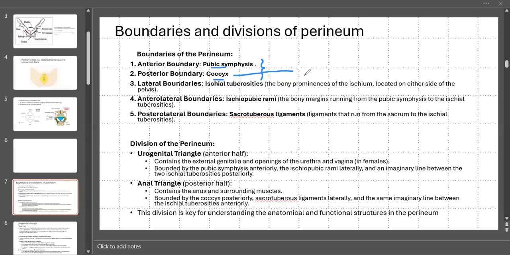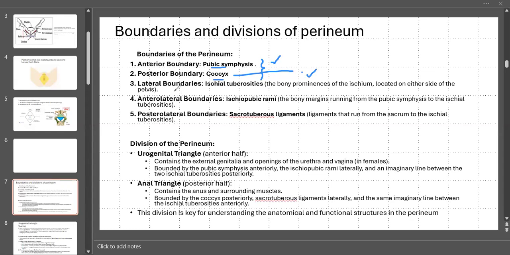After the spinal cord, we have no bone beneath that, so the coccyx is the last thing. If we're talking about the perineum, which is the last compartment in the body, what else can be the posterior boundary? It's obviously the coccyx. And anteriorly, we have the pubic symphysis and no other structure beneath this in the body. So if you imagine the human body, you can easily define the boundaries.